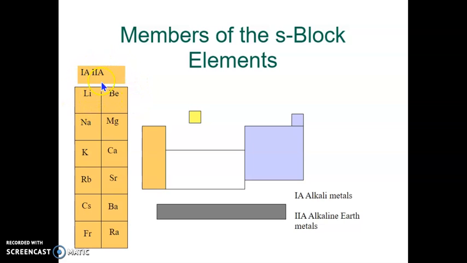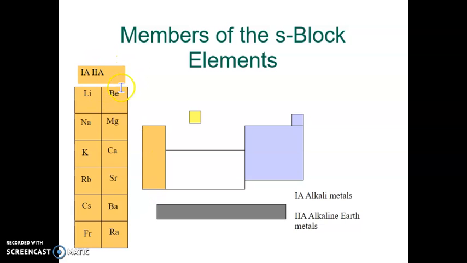For example, here these are the first A group and these are the second A group. The first A group elements are also called alkali metals, having elements lithium, sodium, potassium, rubidium, cesium and francium.